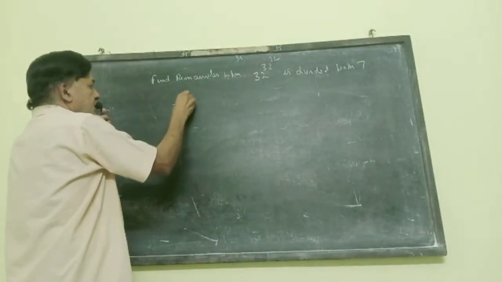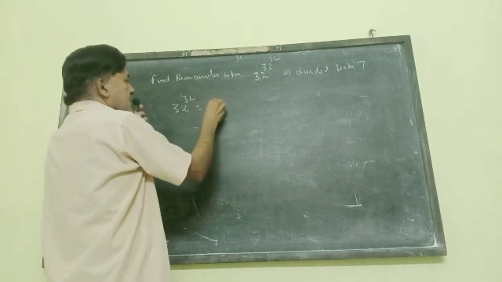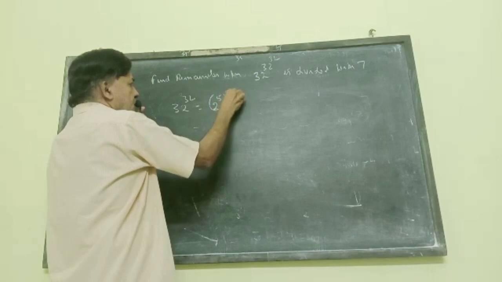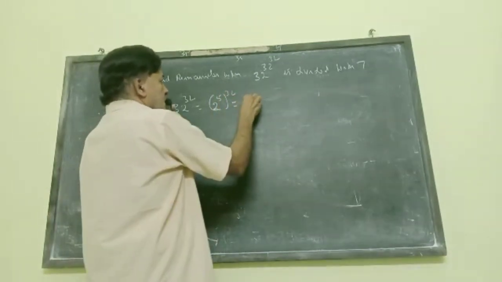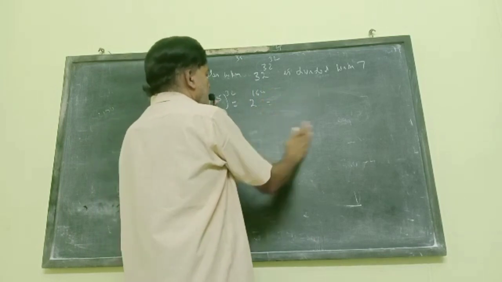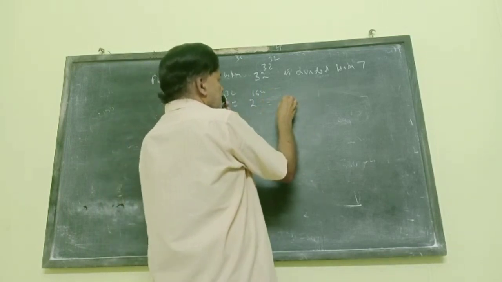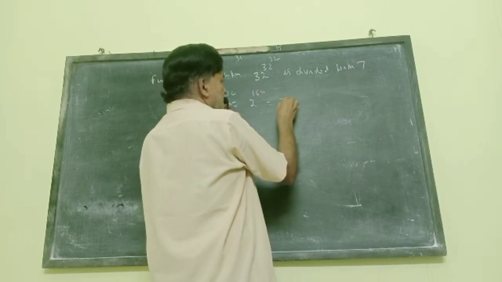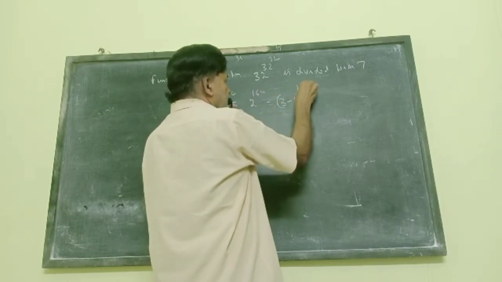32 to the power of 32 is 2 power 5 whole power 32. This is 2 power 160. Right? This is 2 power 160, which is 3 minus 1 whole power 160.